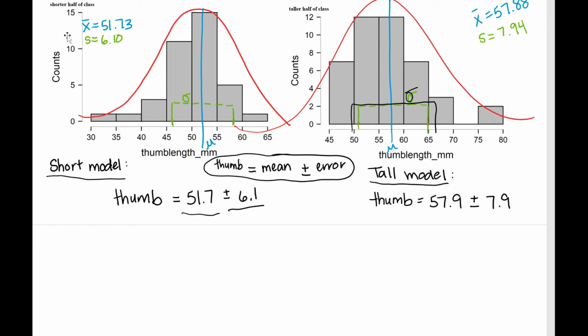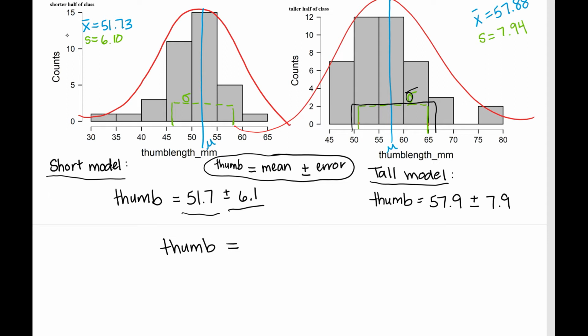So I think they both follow generally the same kind of model. Let's say thumb length, because again, we're talking thumb as the dependent variable. Now follow along with me here.